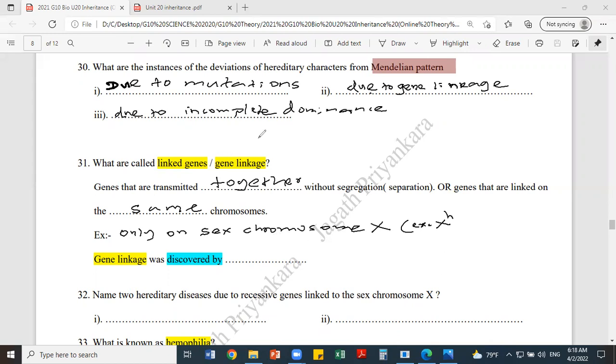So you can write, if you want, sex linkage: linked on the sex chromosome X. So that is a linked gene.